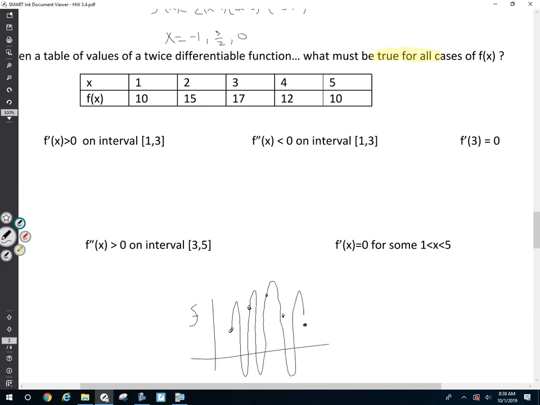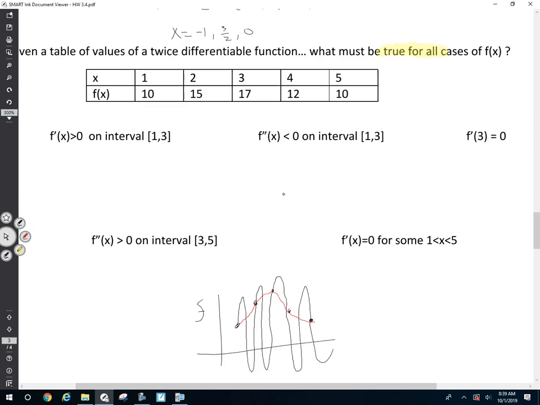This is a possibility for f. It's not this. This is also a possibility. This is just one case. But we need to keep this in mind. So I'm going to write that possible f of x.